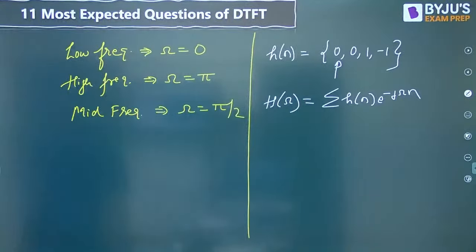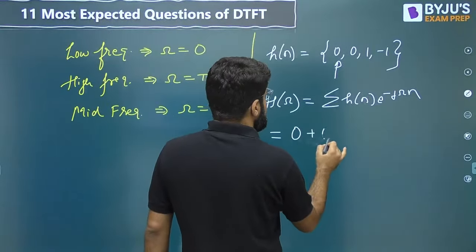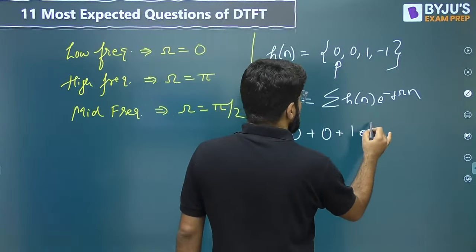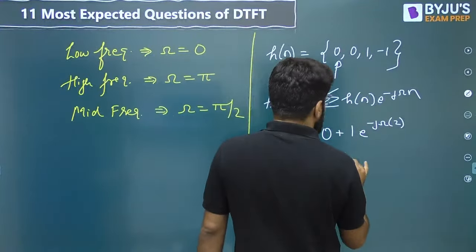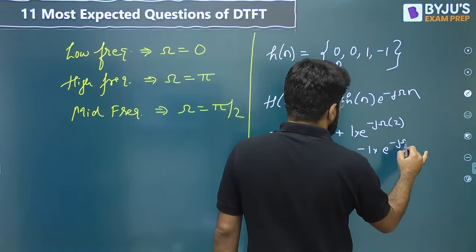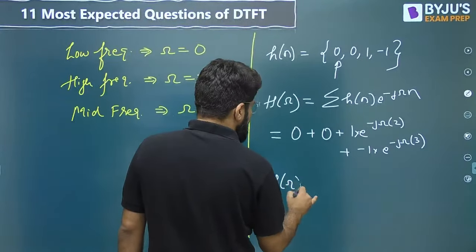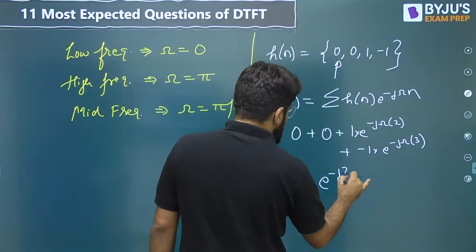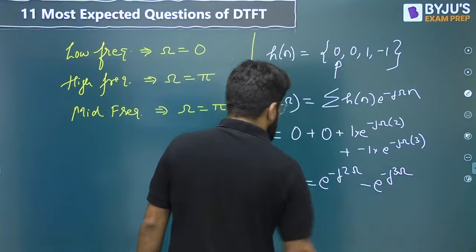First value is 0, then 0, then I have 1 into e raised to the power minus j omega into 2. Here the value of n is 2. Then you again have -1 multiplied by e power minus j omega into 3. So what is H of omega eventually? e power minus j2 omega minus e raised to the power minus j3 omega.